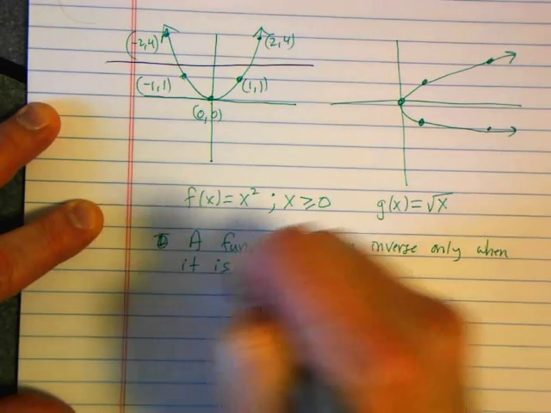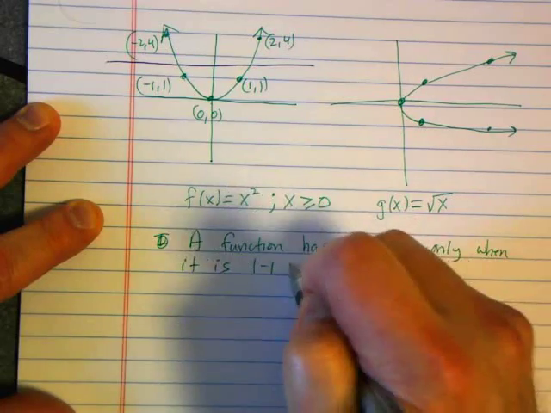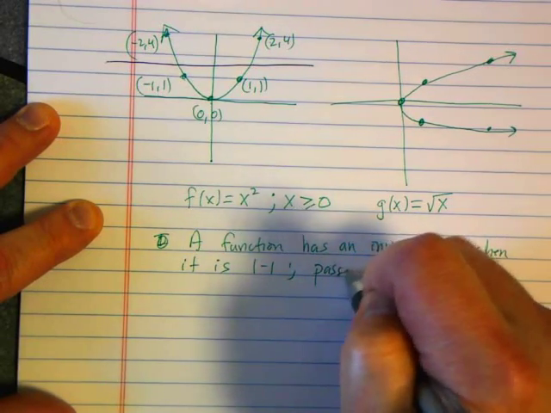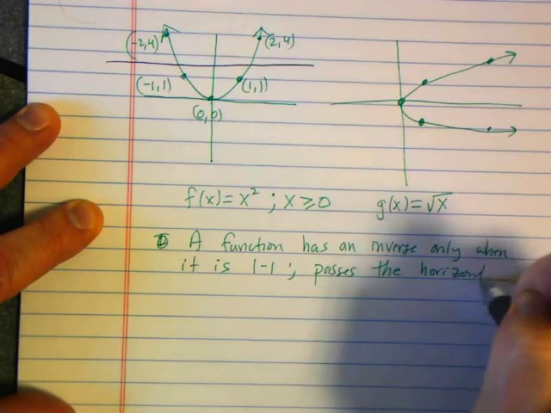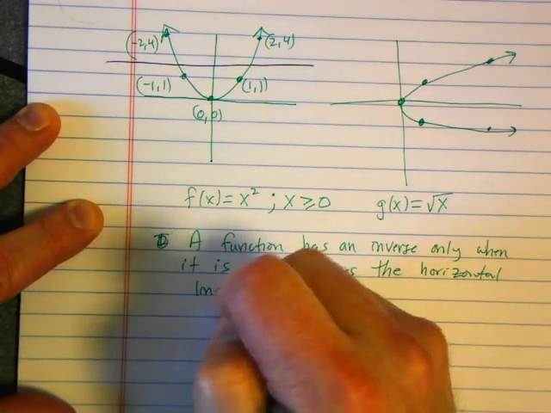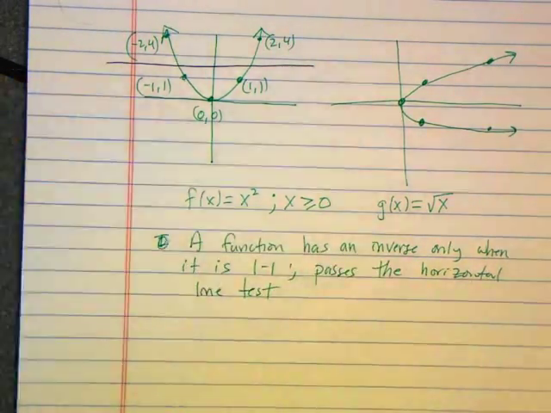In other words, passes the horizontal line test. Well, to be a function, it has to pass the first test, yes. So if I say a function, then that implies that it already passes the vertical line test. But you're right, it would have to pass both.